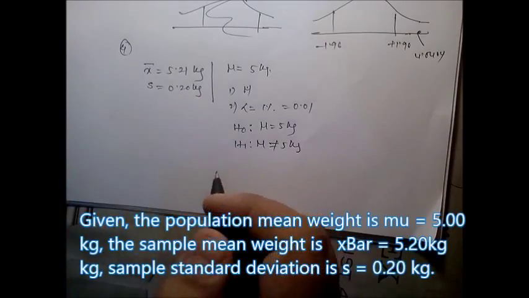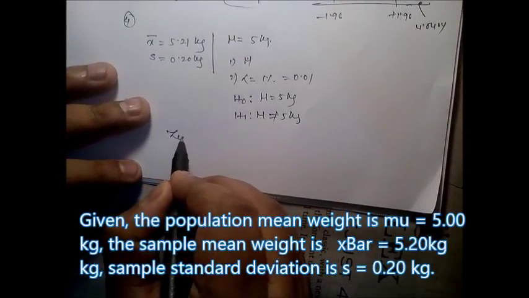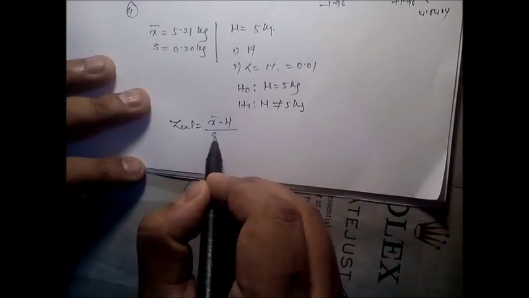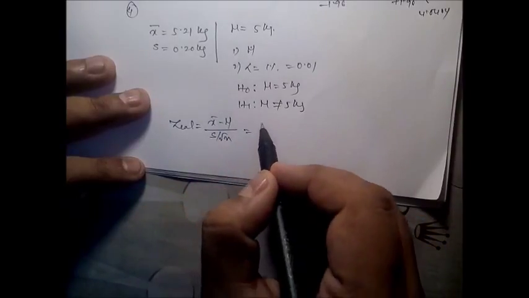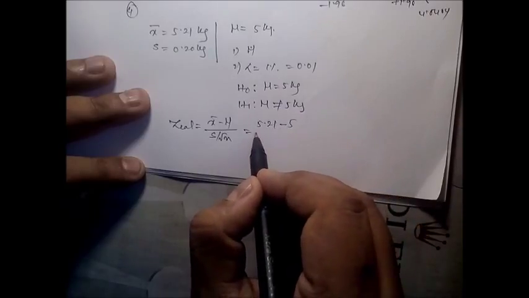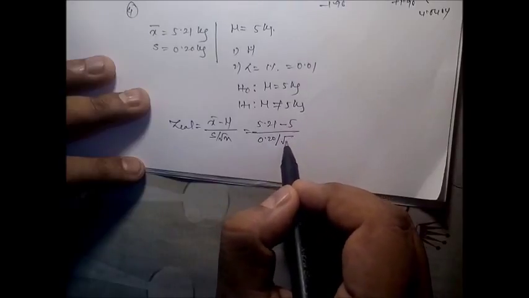Now under the null hypothesis, the test statistic Z calculated is x bar minus mu by s by square root of n. So x bar is 5.21 minus 5 kilogram, s is 0.20 by square root of n.